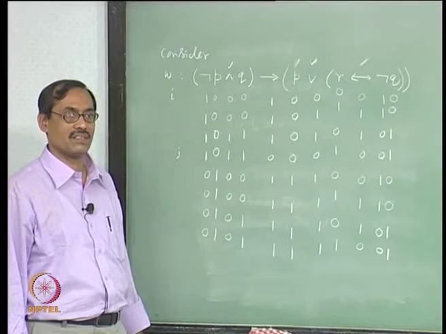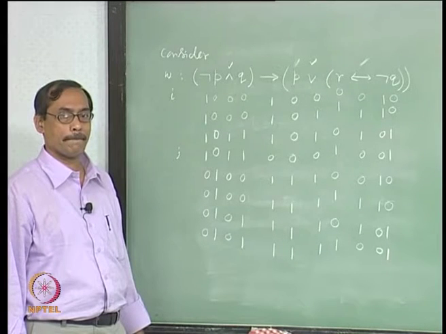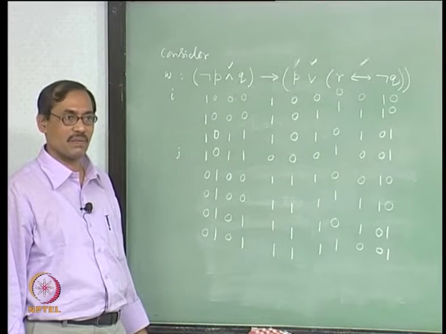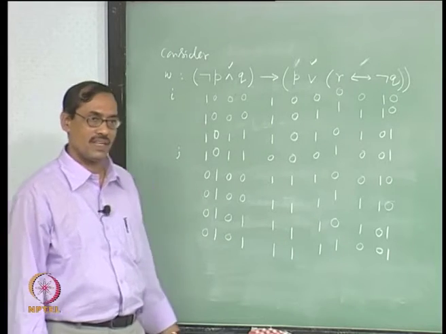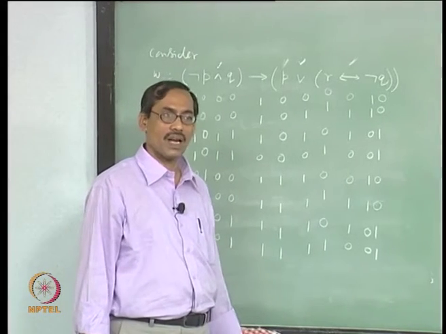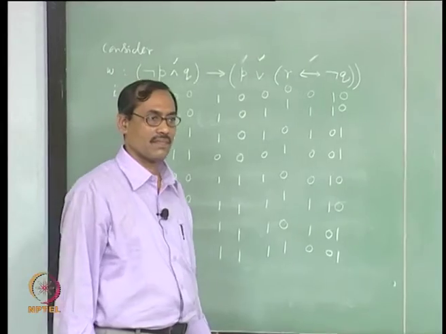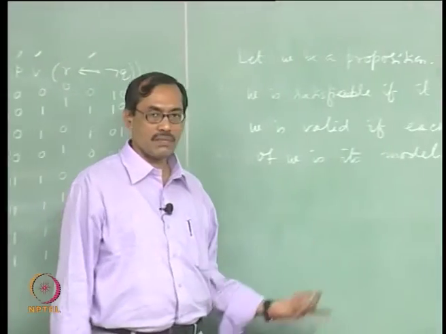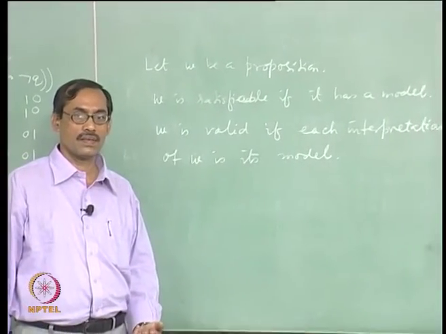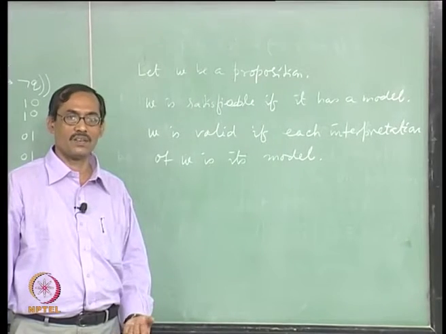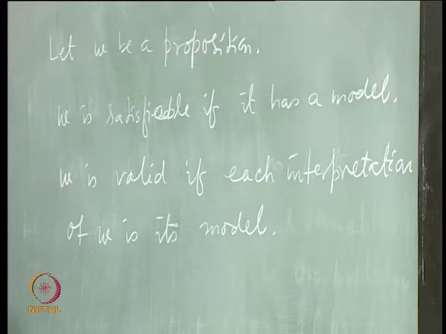Can you tell me what it is? Top is a valid proposition because every interpretation of it evaluates it to 1 by definition, okay, and bottom is invalid and also unsatisfiable, right.